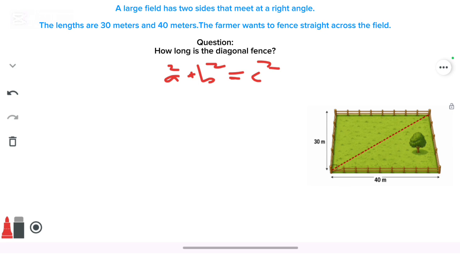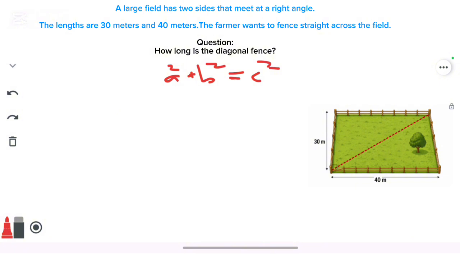Right, so now we have the measurements given here. We have 30 meters and 40 meters. So what we are going to do is substitute these measurements or distances into the given equation or formula here.